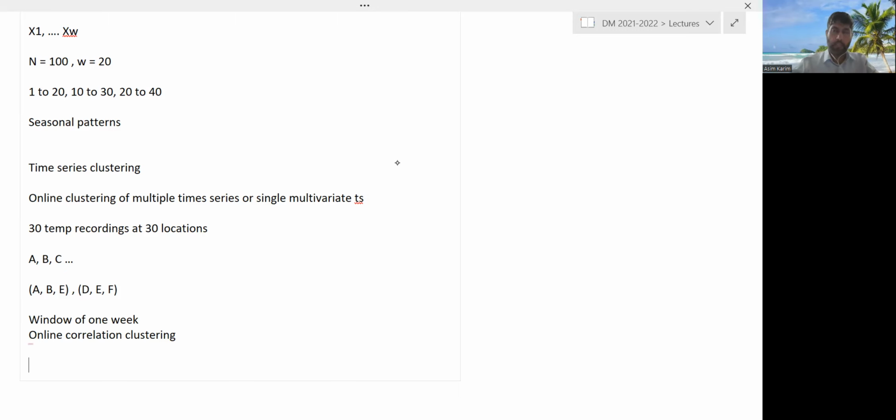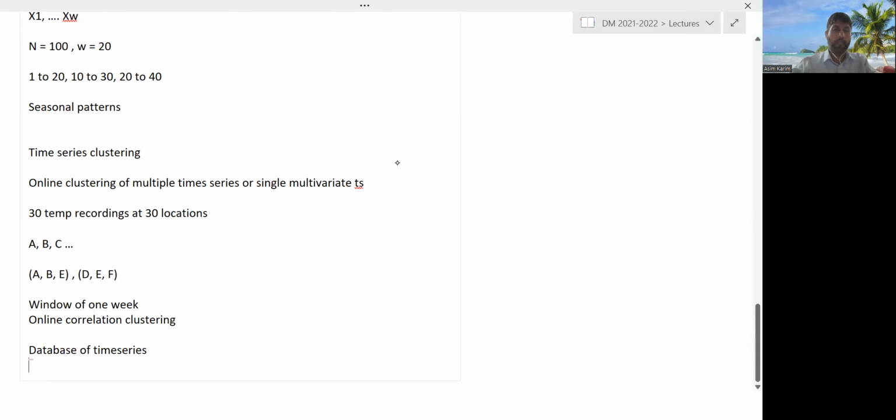So the other setting in which clustering can be done is you already have a database of time series. In the previous case, it was online. We are recording values over time. In this case, you have already recorded time series values. So maybe you have different ECGs, for example, for hundreds of patients.